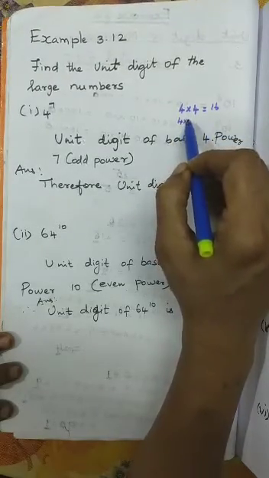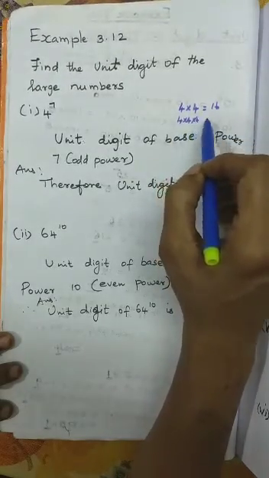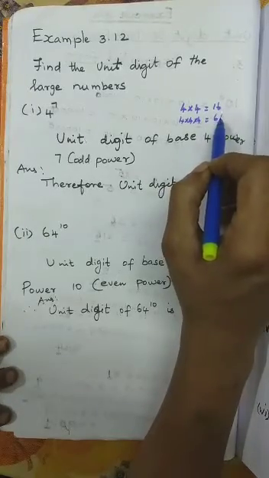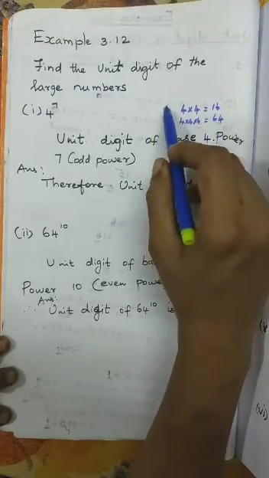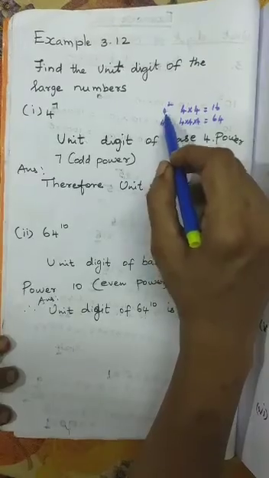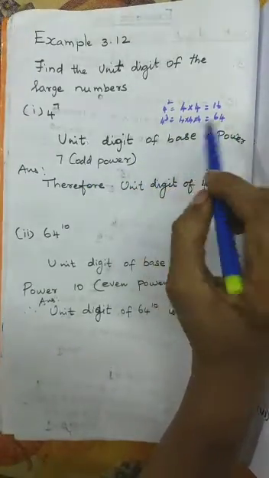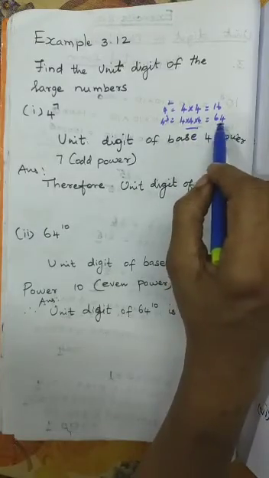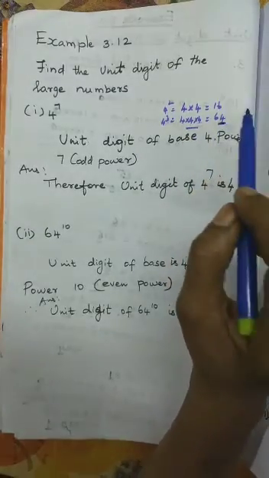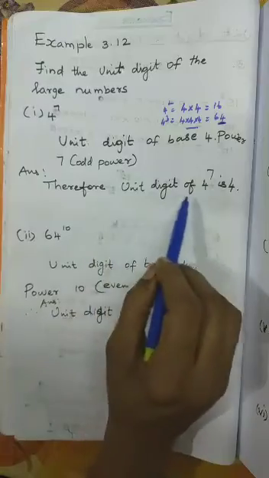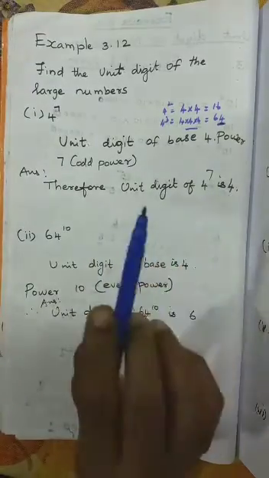Then odd power means 4 into 4 into 4, which is 64. This is 4 square. This is 4 cube. Isn't it? Okay. Now see here. We have odd power. So for odd powers the units place is 4. So therefore the unit place of 4 power 7 is 4.